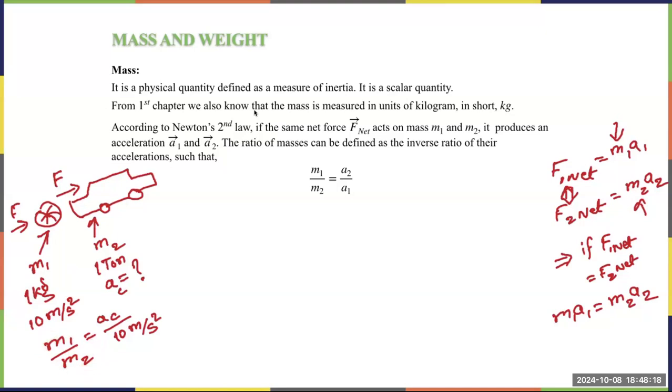So that means this acceleration will be a lot smaller. Make sense? Right? So here I don't need to know the amount of force that I apply to the ball or to the car, if I just know those two forces are equal. Okay? Make sense? Yes, no, maybe.